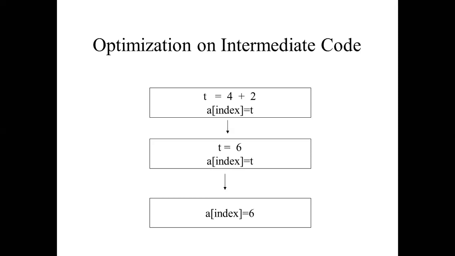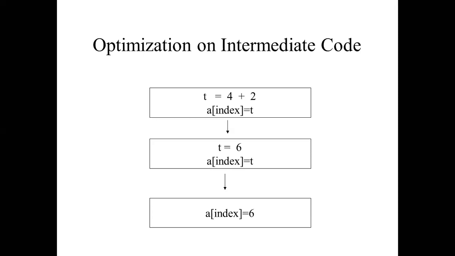At the early stage, we have A index 4 plus 2. Now we replace 4 plus 2 by a temporary variable: T is equal to 4 plus 2, storing it in the temporary variable T. Now we can write A index is equal to T. Again T is equal to 6; the meaning is the same, A index is equal to T.